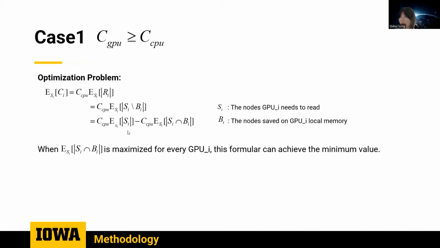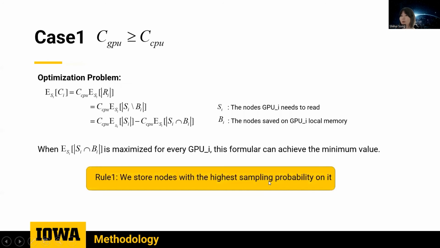Because the first term is fixed, when this expectation is maximized for every GPU, this formula can achieve the minimum value. And this means the nodes a GPU needs to read from local memory. So intuitively, if we want to achieve the maximum value, we need to store nodes with the highest sampling probability on it. So here comes our rule 1.